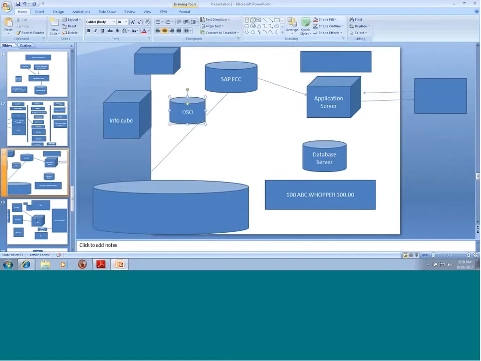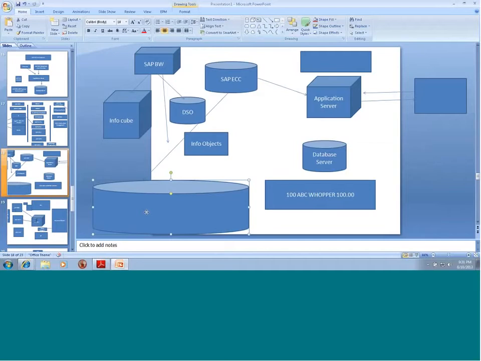We create DSOs, we create info objects. So these are all different objects that are available in a traditional BW system. So what happens is when somebody learns and understands the SAP BW system, they know how info cubes are designed, how data stores are designed, how info objects are designed.